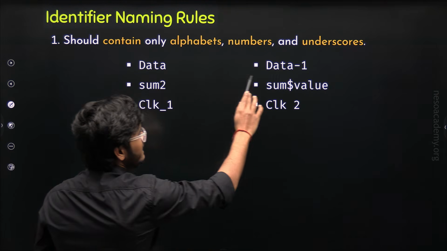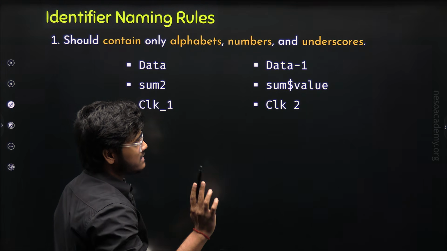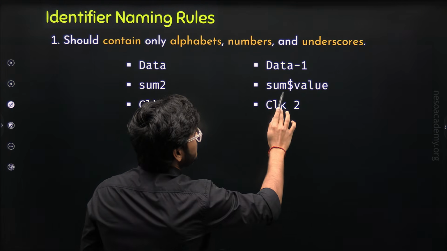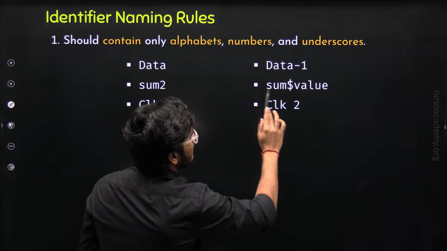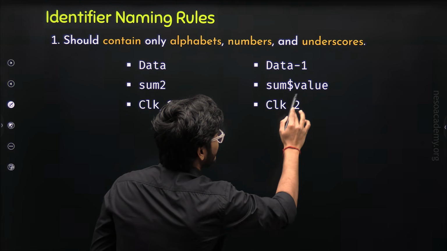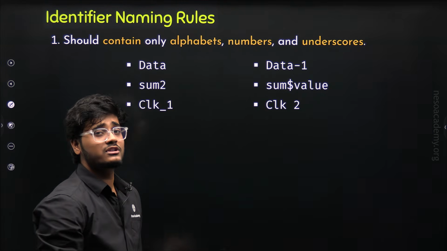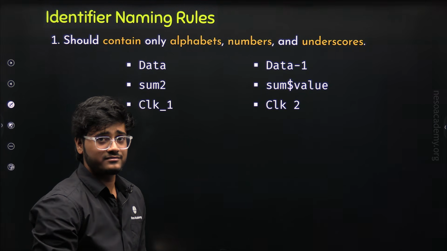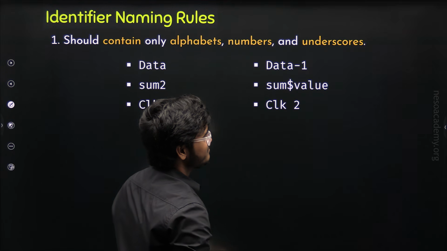Therefore, this data-1 is invalid. Now, the second example, some$value, which contains letters and a special symbol. Now, special symbols are not allowed to create an identifier name. Therefore, this example is also invalid.